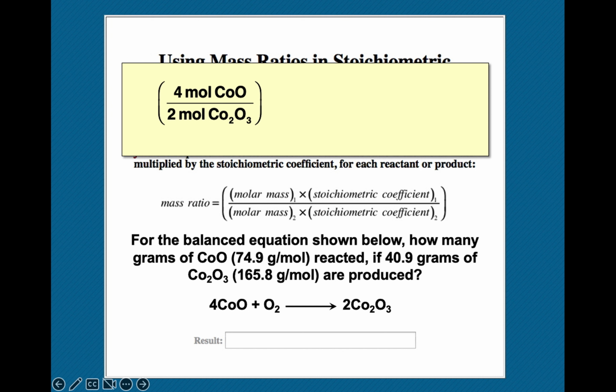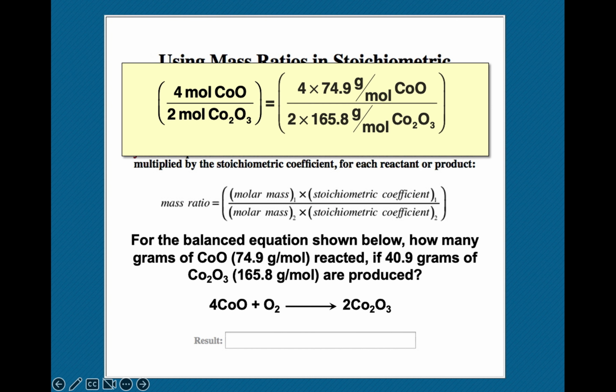We know our mass, 4 times 75, 2 times 166. Now once again, trying to save steps on your calculator. You could calculate this all out, multiply it out, no big deal, and get another set ratio. Or you could just use this as a ratio as it sits.